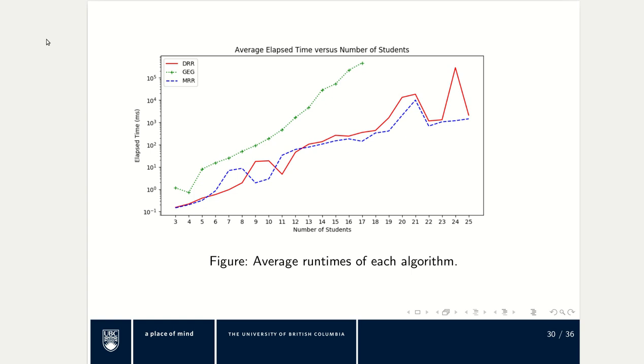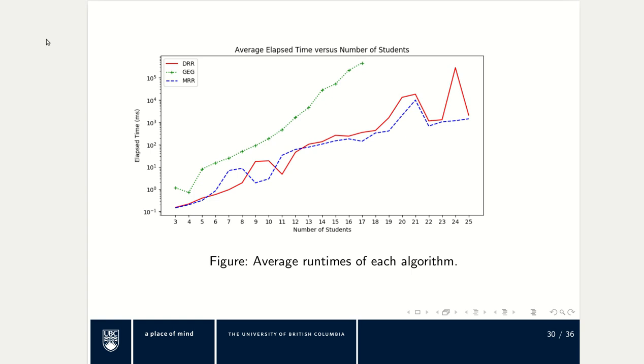Here we go. So the first thing is the average elapsed time versus the number of students. As the number of students increases, the complexity of all of these algorithms increases as well. You can see that the MRR, which is our algorithm, is in almost every case the fastest, except for right around this sort of 7 to 10 area. DRR is always pretty competitive with it.